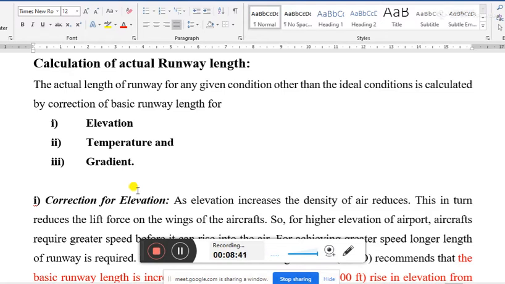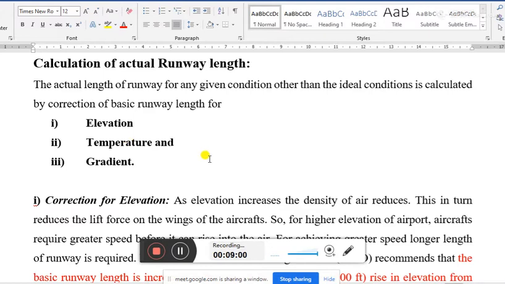On that we have to make the correction. If the length of basic runway is given as x, on x we have to do these three corrections: elevation correction, temperature correction, and gradient correction.